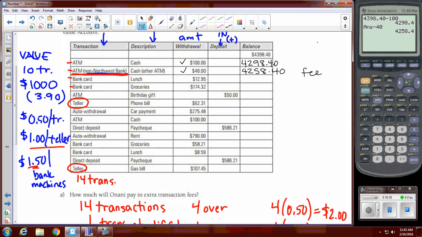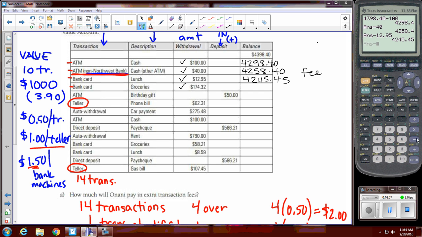Another withdrawal here of $12.95. So I take away $12.95 and I get $4,245.45. And then he buys some groceries for $174.32.